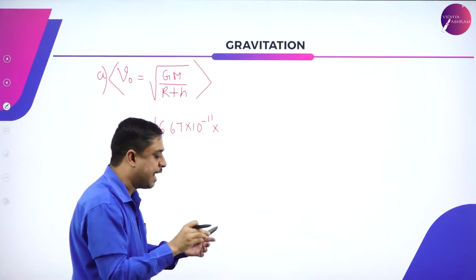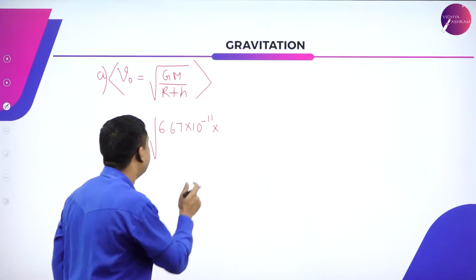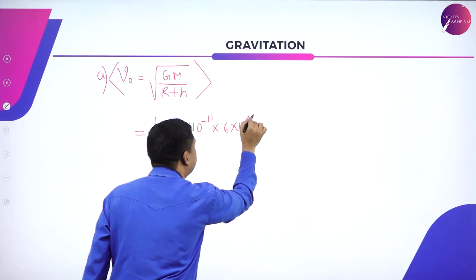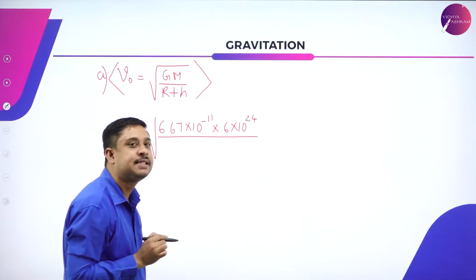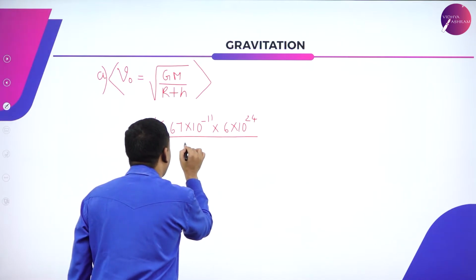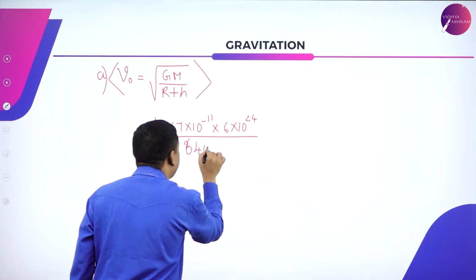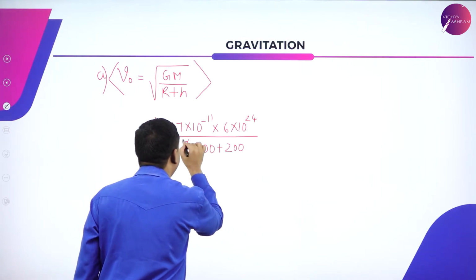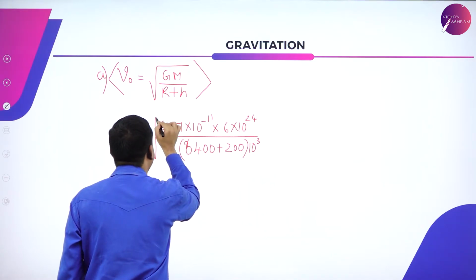Mass of the earth is given, 6 into 10 power 24, divided by R plus H. R was 6,400 plus 200 into 10 power 3.